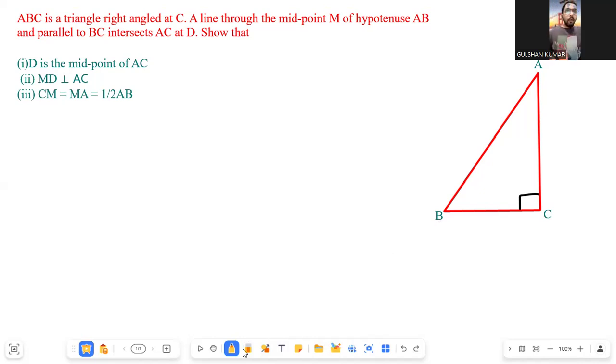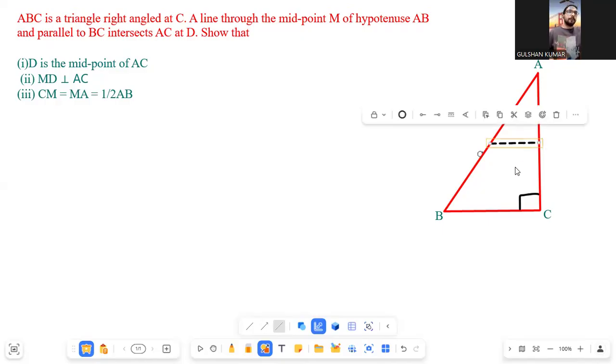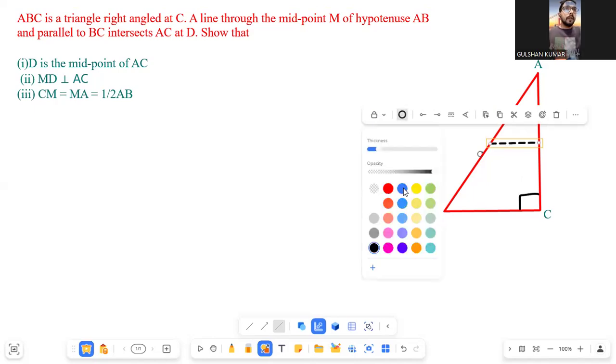Here is a point M, the midpoint of AB. So we have to mark a midpoint here, at AB. Now it is clear that this is M.